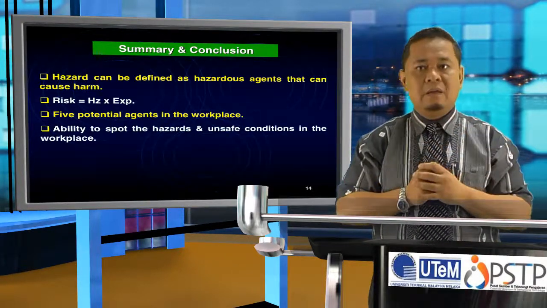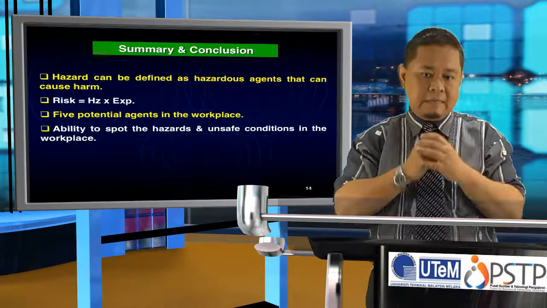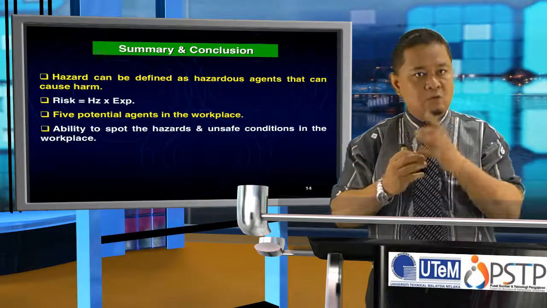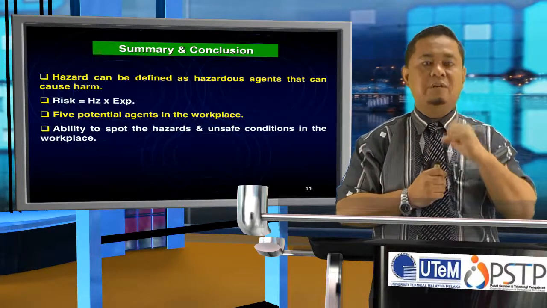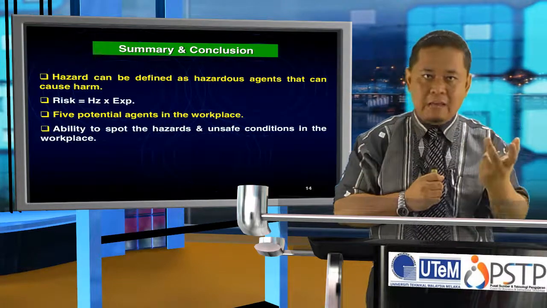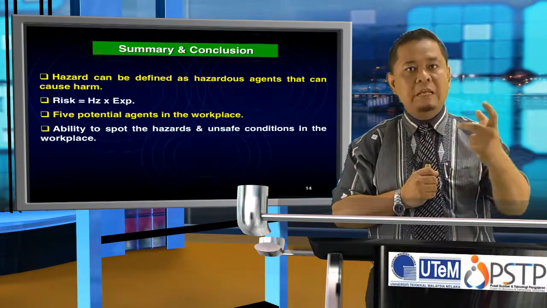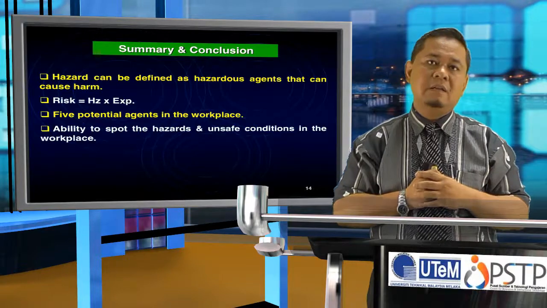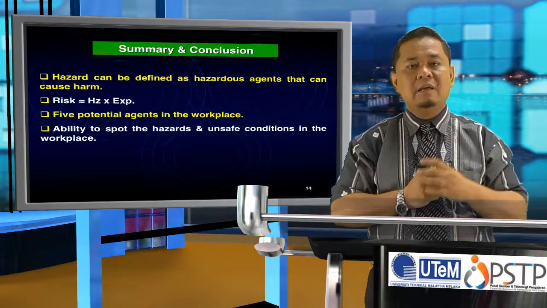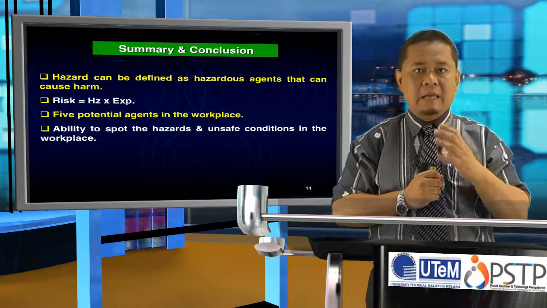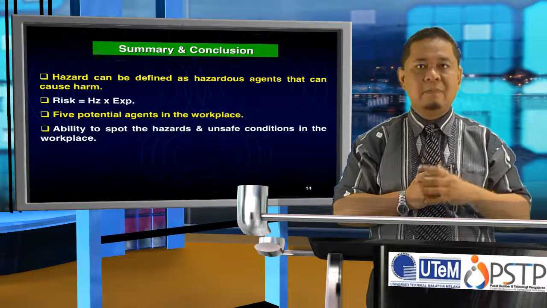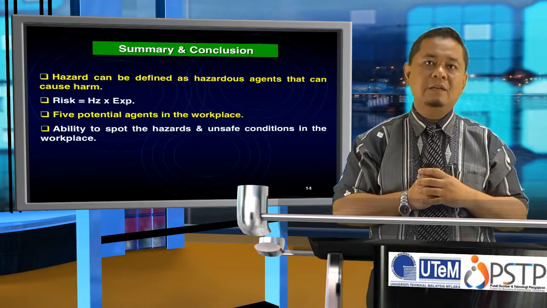From that, if you have the fundamentals and try to understand the basics of hazards and risks, you become a good engineer to try to eliminate. At the end of the objective, you try to eliminate any potential hazards, any potential accidents to the workers, and to make your workplace safe and healthy.